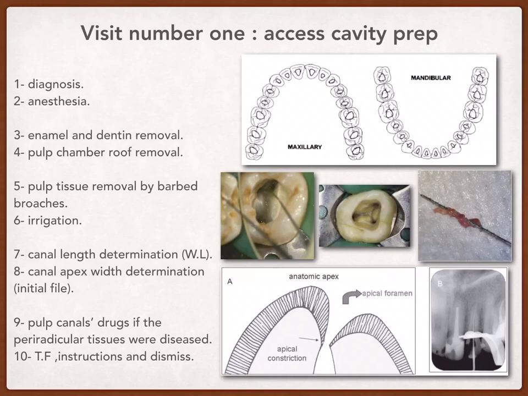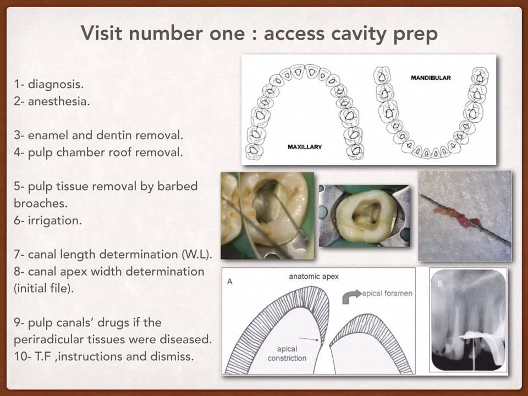The file may stop at the apical constriction, which is located a half to 2 millimeters away from the apical foramen, which is also known as the radiographic apex. So when the file does not reach the radiographic apex or the apical foramen, that is normal, and that is the working length that we should end our instrumentation at, and we should do our obturation too.